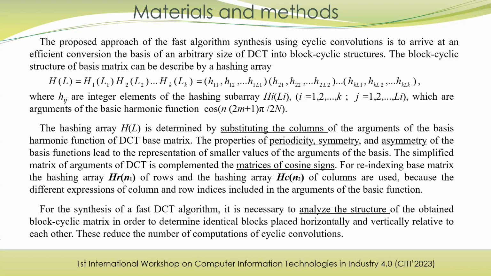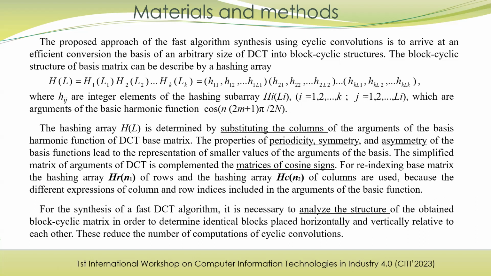The properties of periodicity, symmetry, and asymmetry of the basis function lead to the representation of smaller values of arguments of the basis. The simplified matrix of arguments of DCT is complemented by the matrix of cosine and sine.